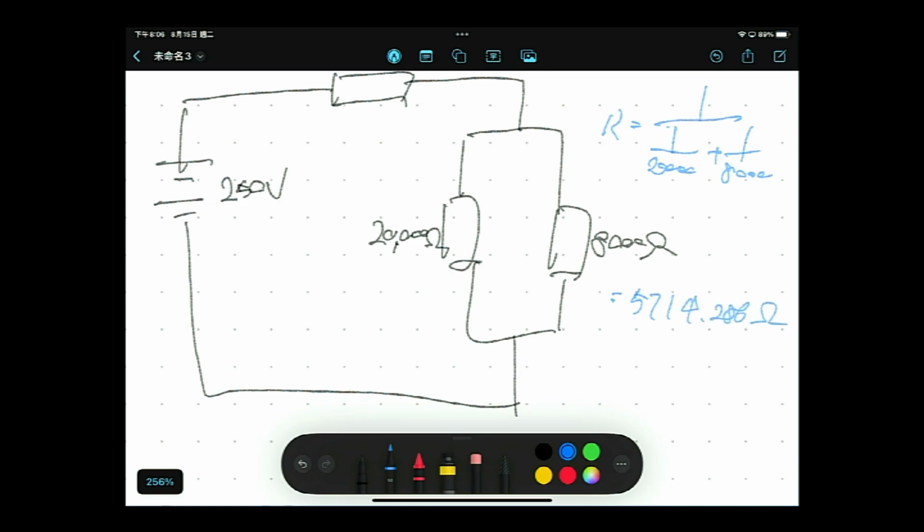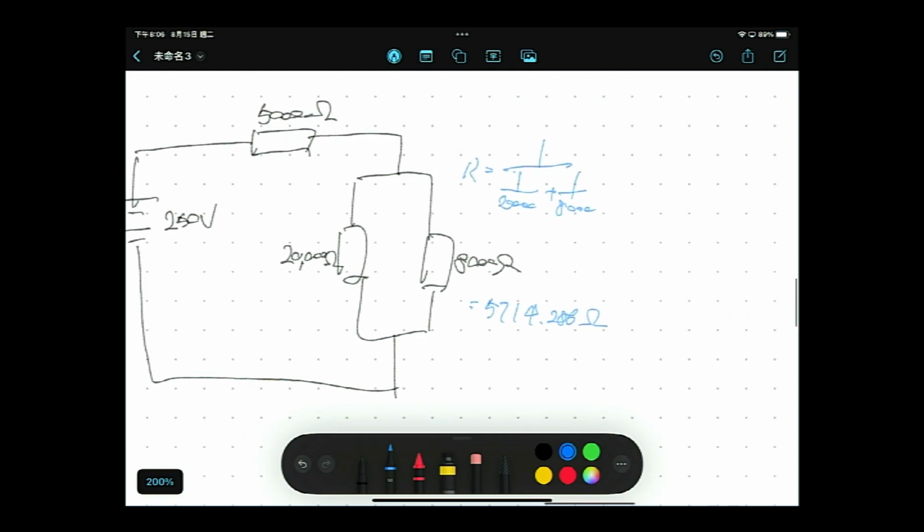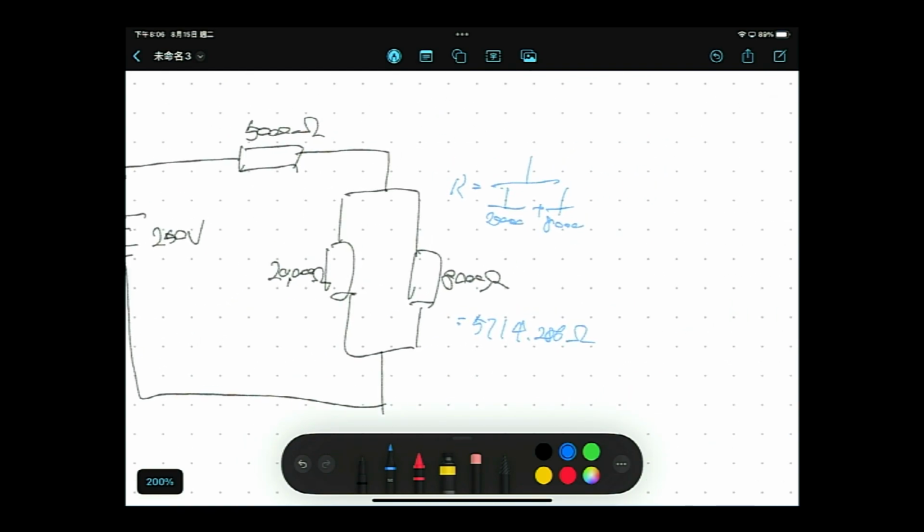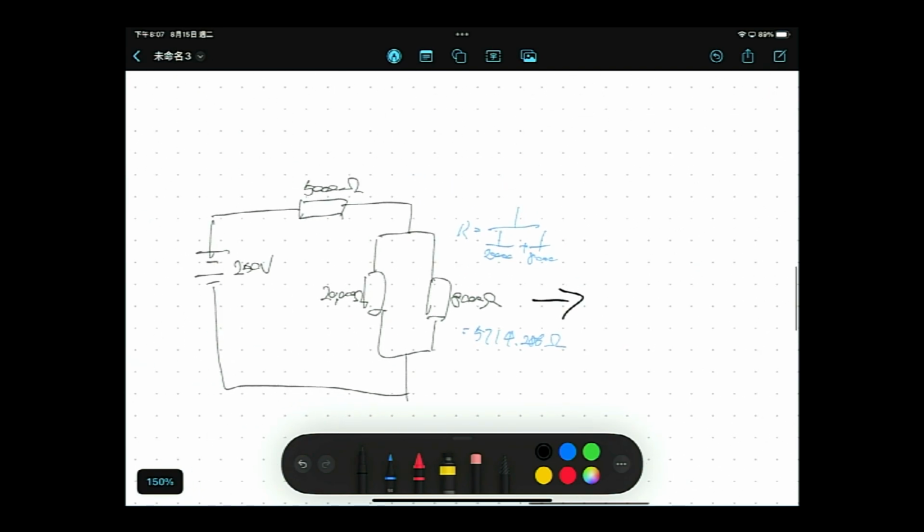Okay, so this part we can change the circuit into this way. You now have a battery here. This is once again 5,000 ohm, right?